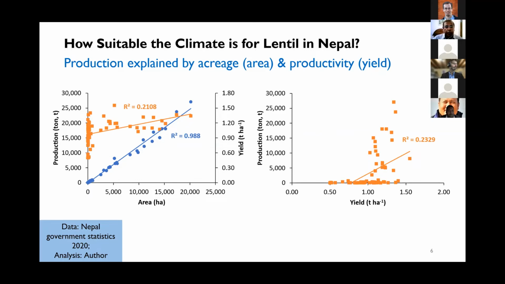The figure on the right is the relationship between yield and production across the lentil-growing districts. Quantitatively, adding 1 kilogram of yield per hectare adds up to 3.83 tons to national lentil production. What does it mean? It signifies the importance of productivity in uplifting the lentil industry in Nepal. Next, please.